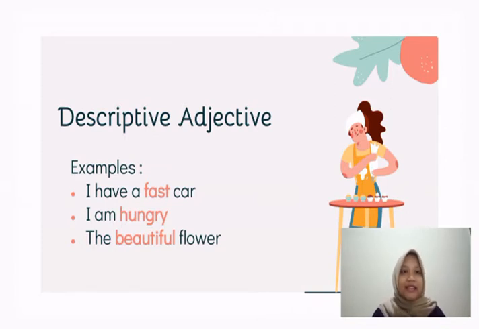The second is, I am hungry. The word hungry here is providing information about the subject, and the subject is I. The last is, the beautiful flower. The word beautiful here is describing an attribute of the flower.